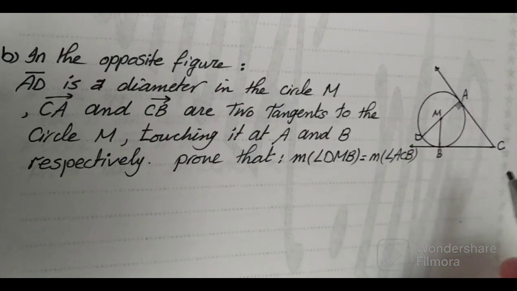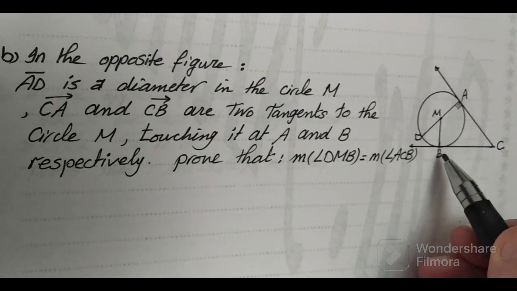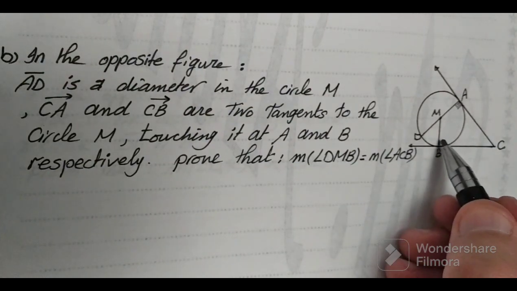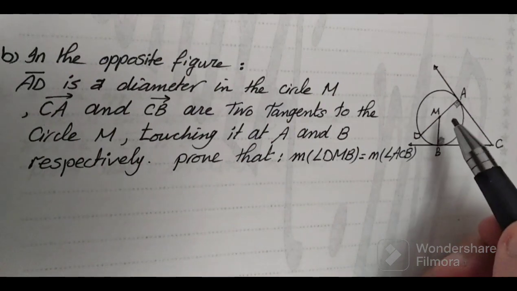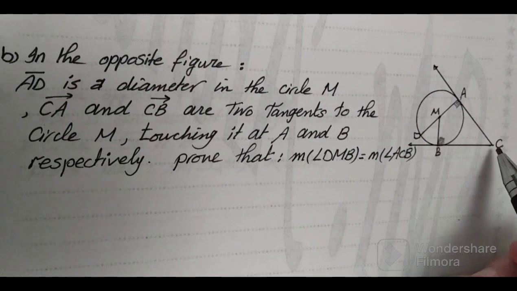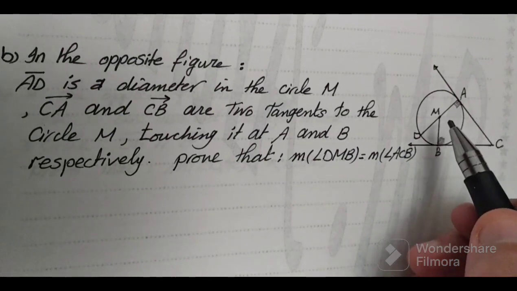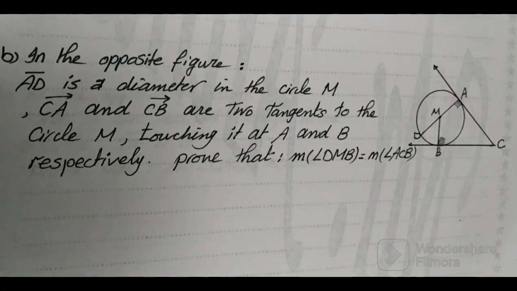In the same way, CB is a tangent, MB is a radius, therefore CB is perpendicular to MB, therefore the measure of angle MBC equals 90 degrees. Since the measure of angle CAM plus the measure of angle CBM equals 180 degrees, therefore the figure ACBM is a cyclic quadrilateral.